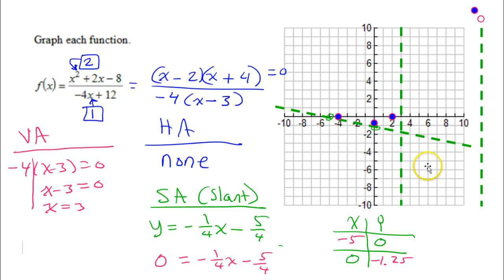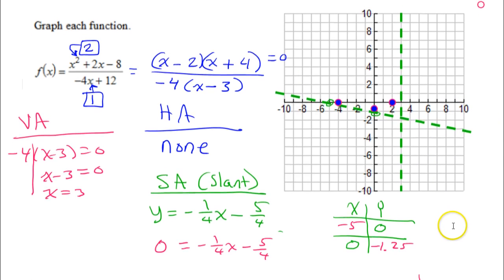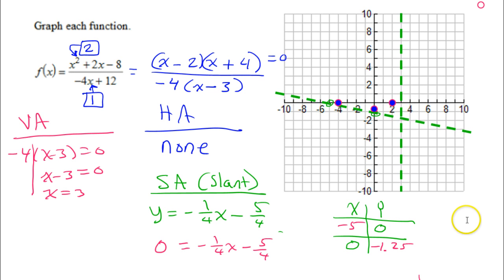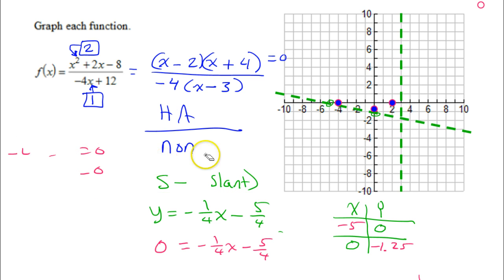So I have a vertical asymptote, and now I have this slant asymptote. That's it for the asymptotes. I know that was pretty complicated, but that's what you have to do sometimes. Now I just need a few extra points to see what is going on with the graph, so let me erase all this to make space.